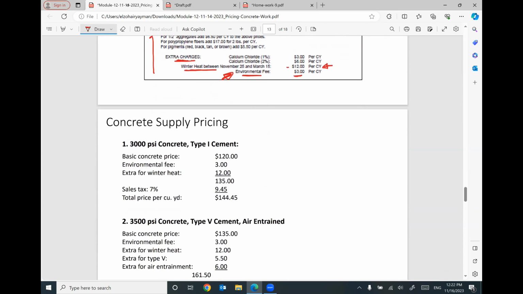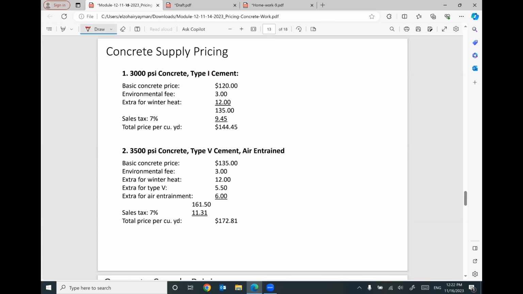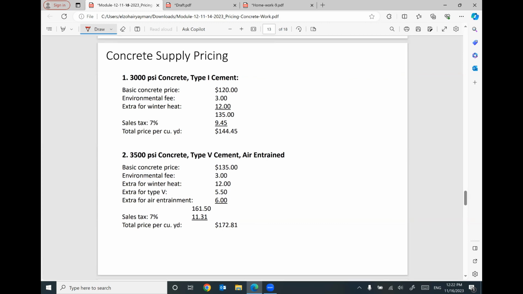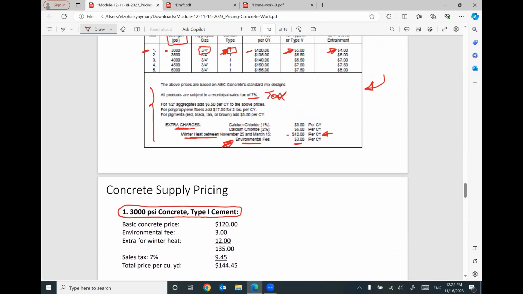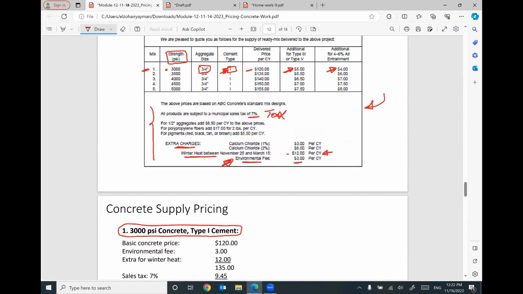I have some examples here. I covered some of them last meeting, and I would like to cover the rest. For example, if you would like to order concrete with these specifications, can you tell me what will be the price for 1 cubic yard? For 3,000 PSI concrete, the basic cost is $120.